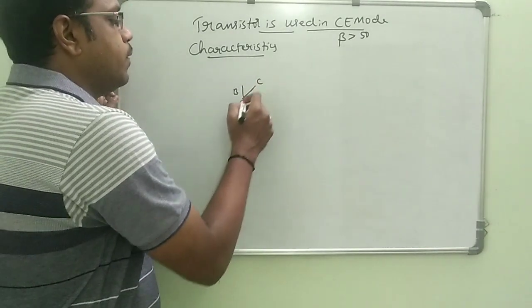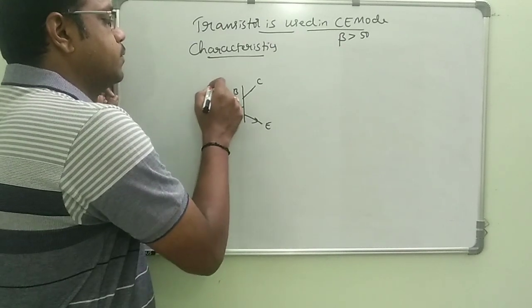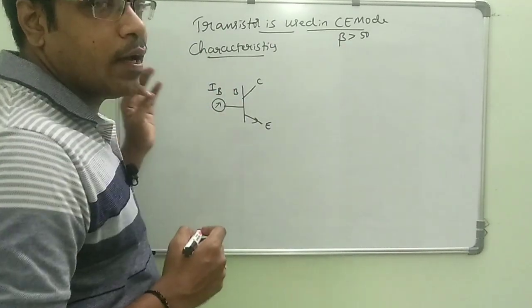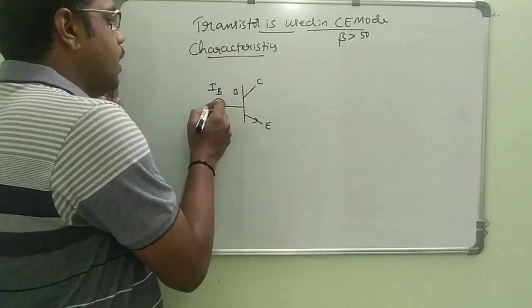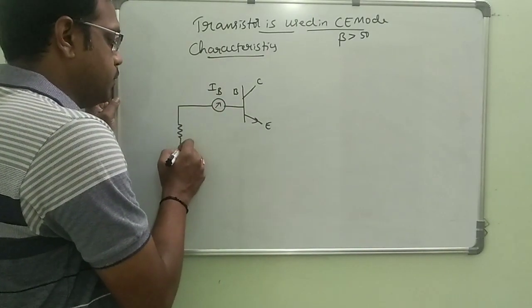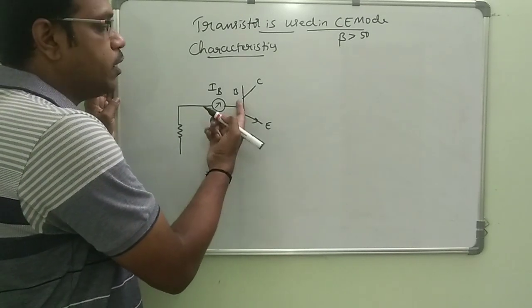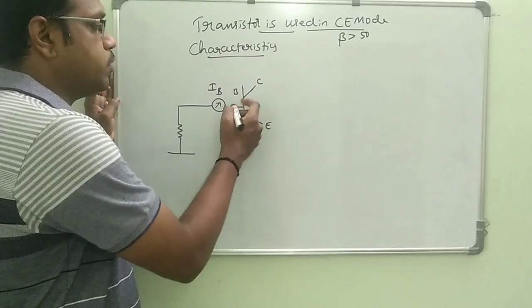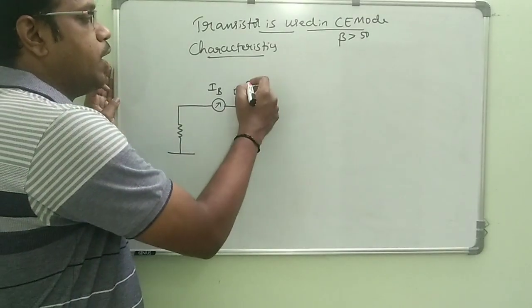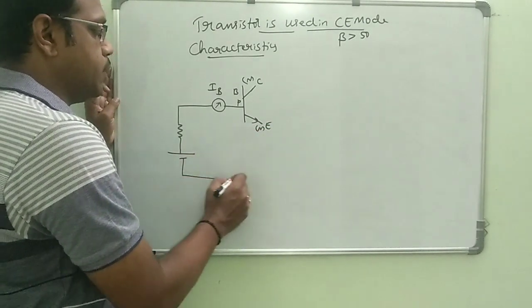For the base, I'll give one ammeter to measure IB, and one resistance, and because it's a common emitter, we need to give input here. This is NPN, so we need to take it like this.